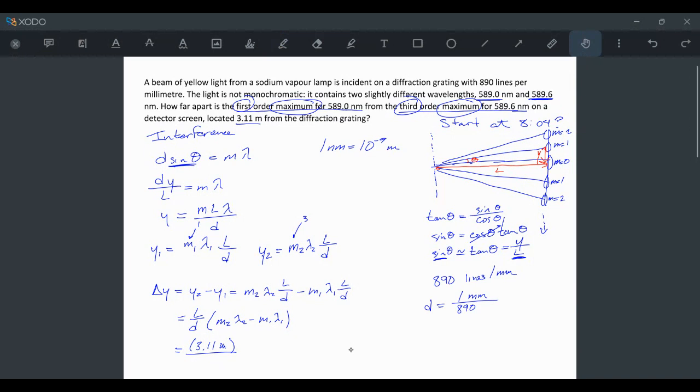So to really quickly get this into meters, I'm just going to add a conversion. So in 1 meter, there's 1,000 millimeters. Millimeters crossed off. And this looks something like 1 over 890 times 10^3, and the units on that is meters.